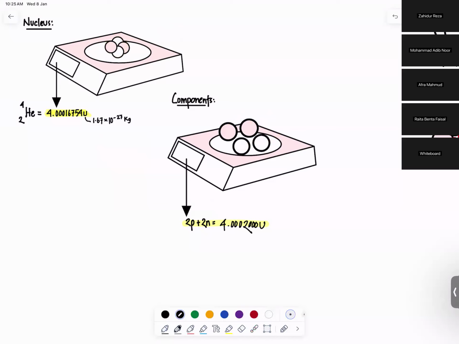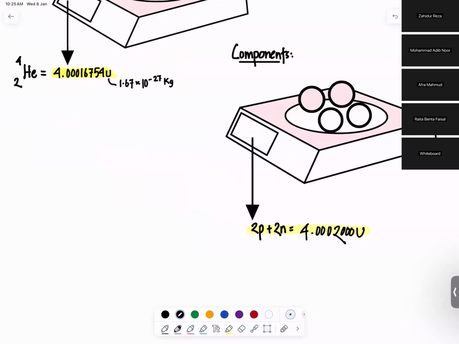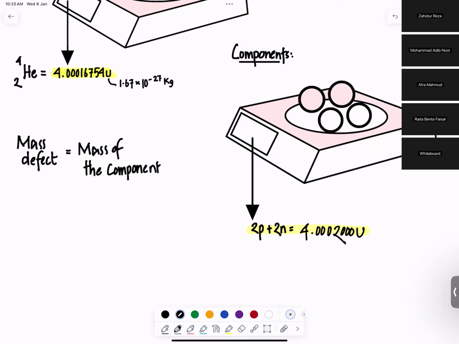And this was called the mass defect. When they found this thing, they called it the mass defect. So mass defect is key actually. Let's first acknowledge that. So mass defect is the difference of the mass of the components, মানে এটা যেটাতে বানানো, mass of the components minus mass of the combined nucleus.